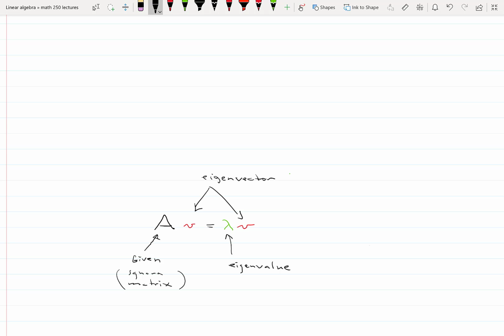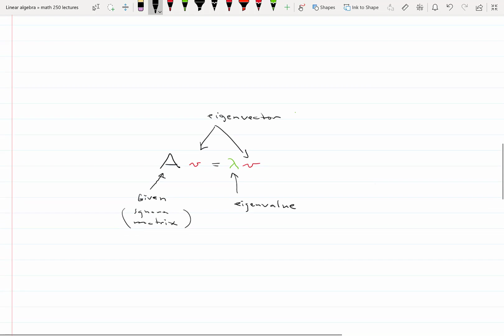Sorry, I might have said this wrong. The vector V is called an eigenvector, and the scalar is called the eigenvalue.